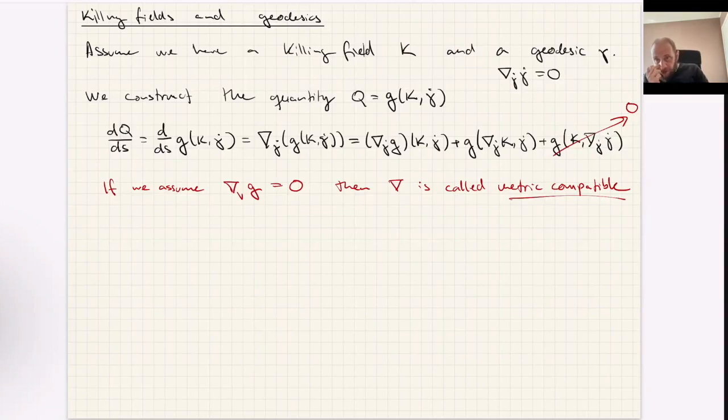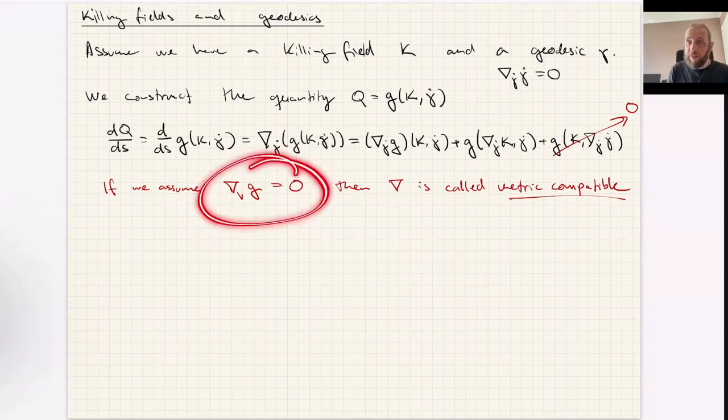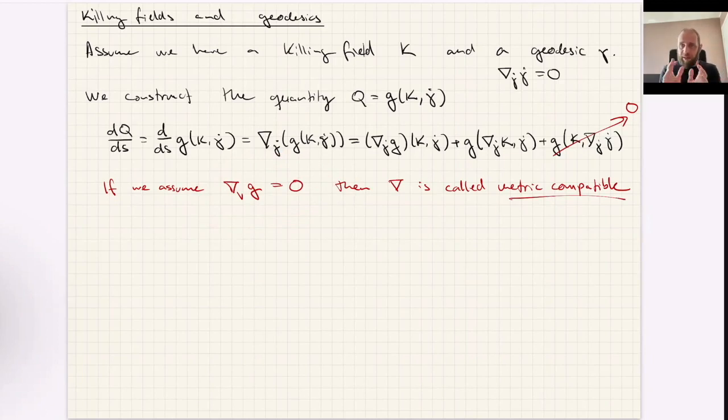In particular, this is the case for the Levi-Civita connection, which I wrote a small note on on Canvas. There may be many different connections given a particular space, but there is only a single unique connection which is metric compatible, i.e. fulfills this, and symmetric, so that the connection coefficients are symmetric.